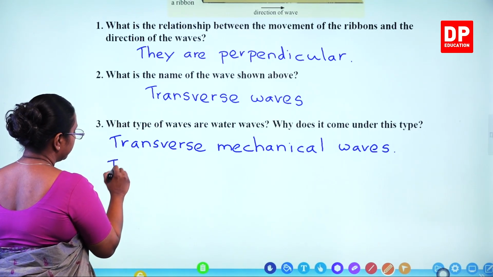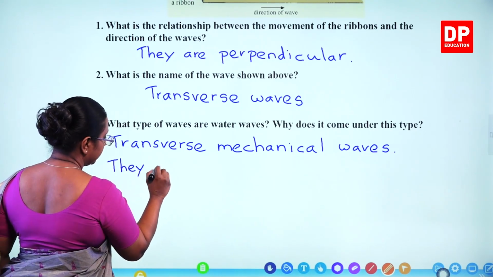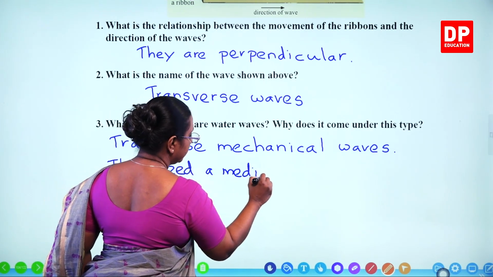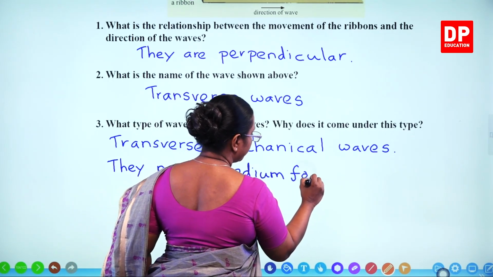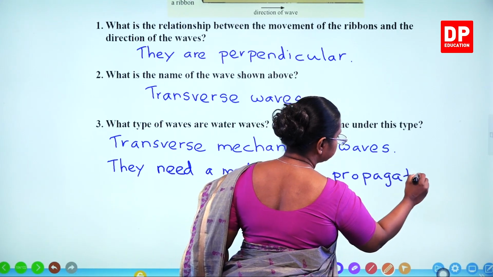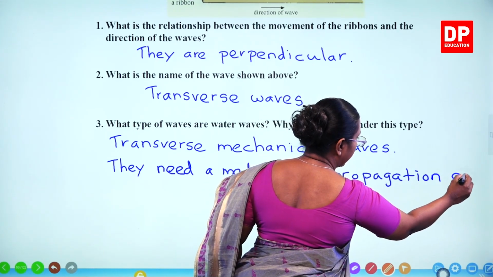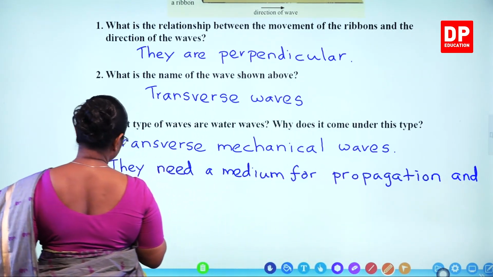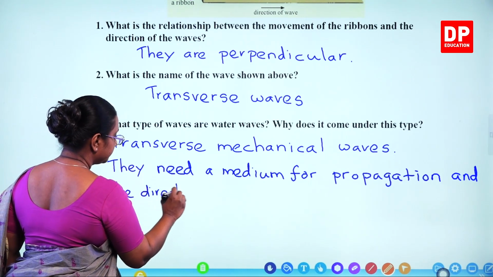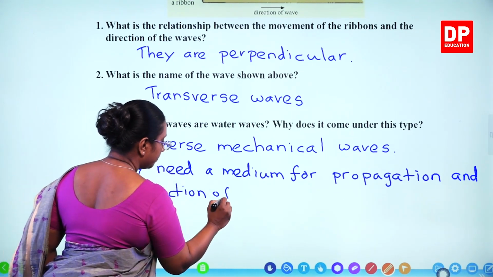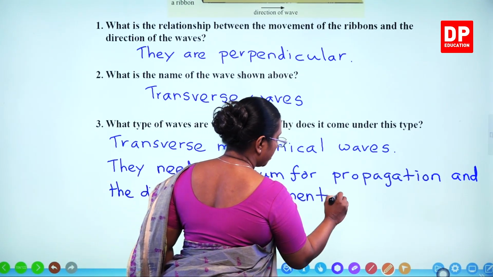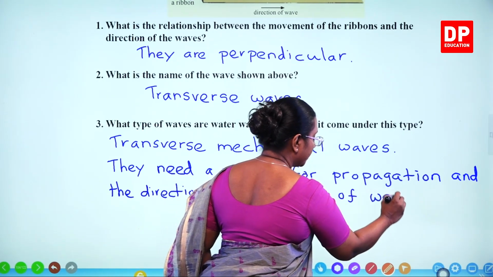Because they need a medium for propagation and the direction of movement of water particles is perpendicular to the direction of the wave.